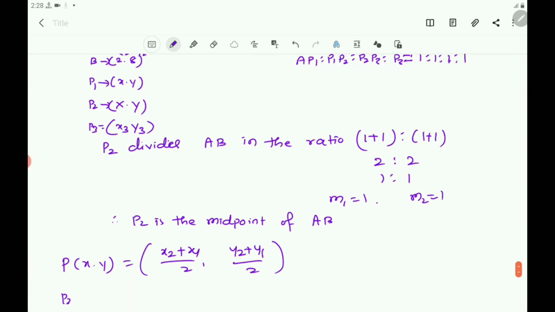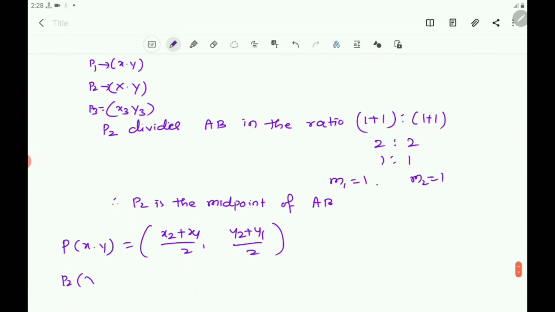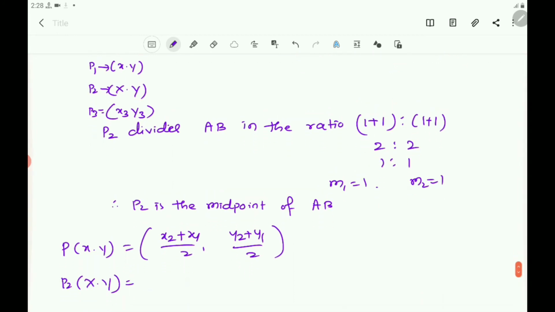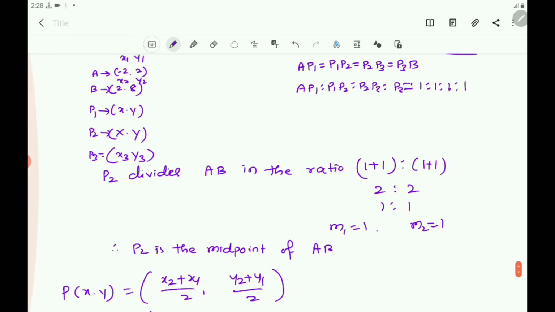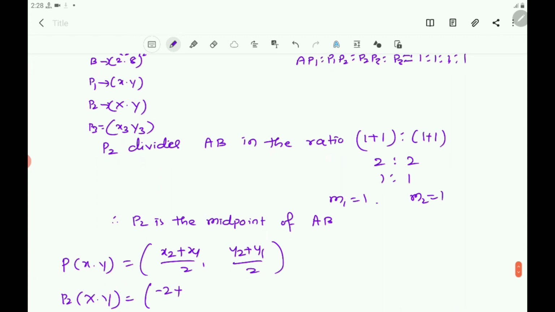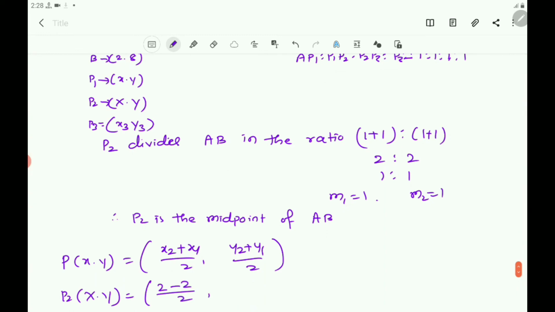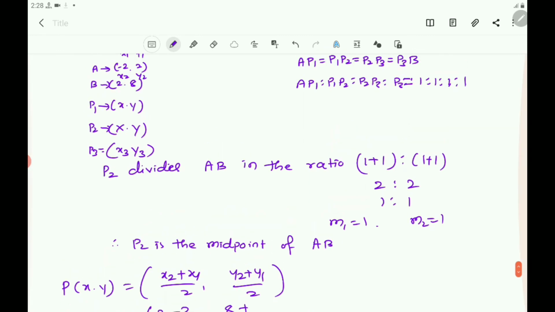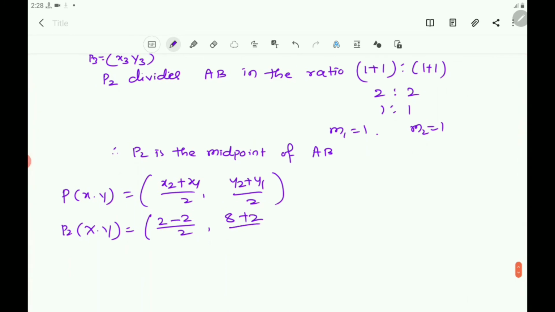Then that is P2 of capital X, Y equals x2 is 2 plus x1 is minus 2 by 2, y2 is 8 plus y1 is 2 by 2.